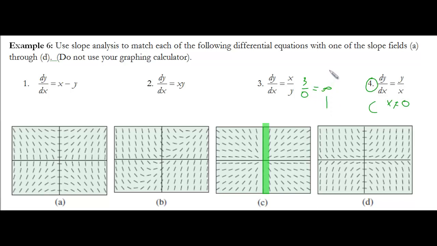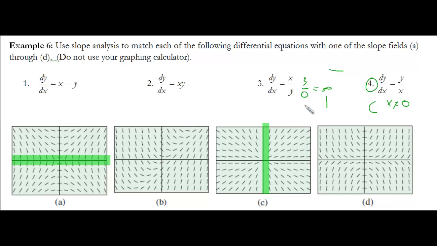Lines that have 0 slope are horizontal lines. So essentially, what are we looking for? We're looking for a graph that when y is 0, you have vertical lines. So you're looking around here and you're saying, okay, here would be the most obvious graph. If you notice all these different y values, maybe we'll use a highlighter, for all these different y values equaling 0, you have vertical lines which represent infinite slope.